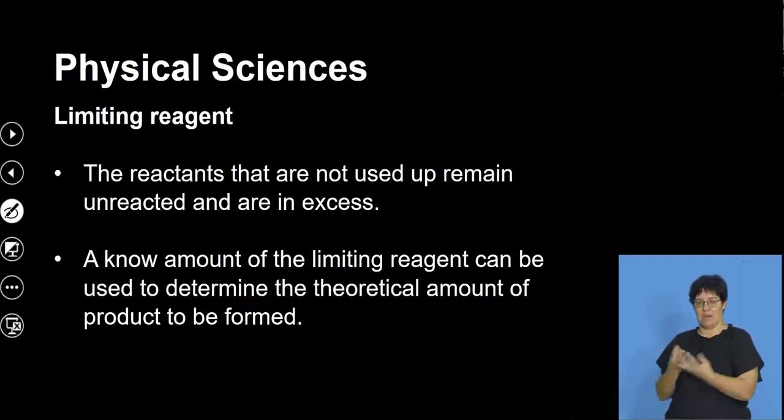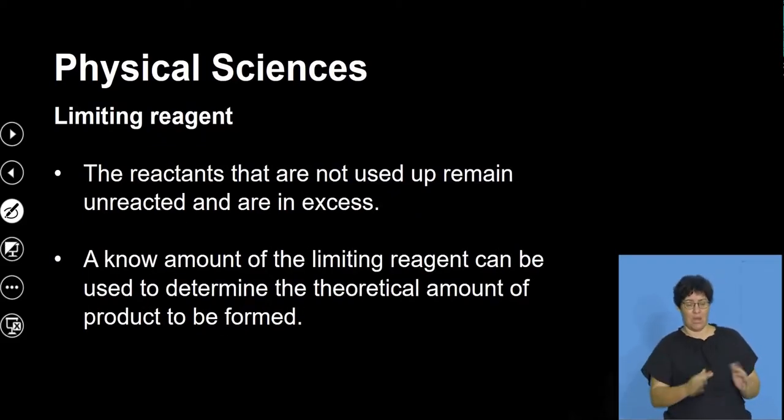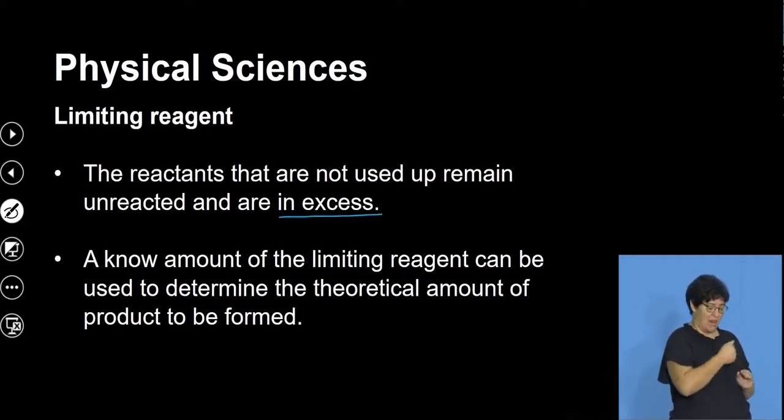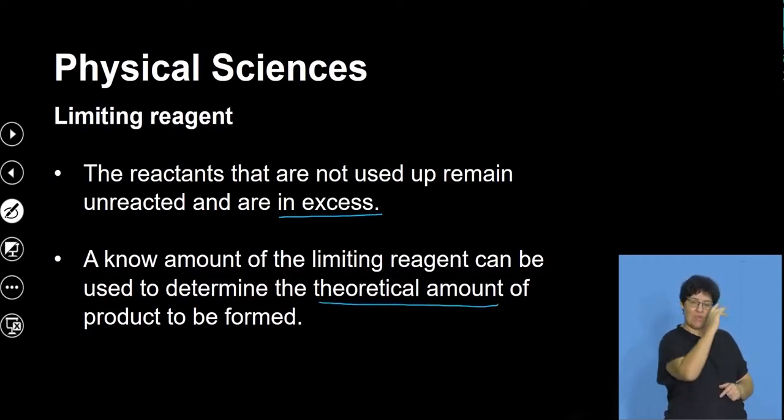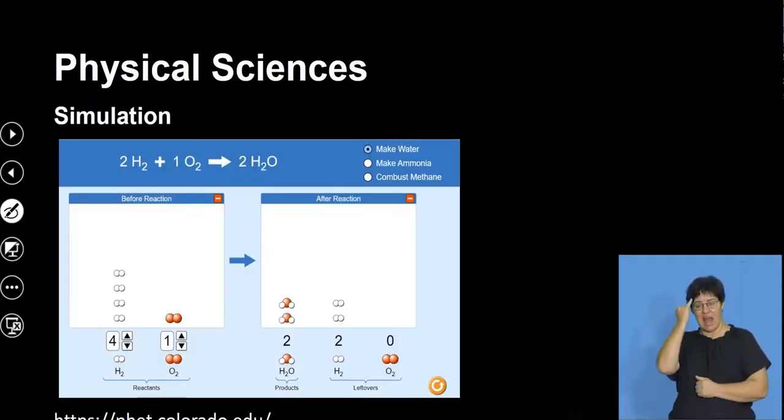The ones that are not completely used up are in excess. And the limiting reagent can be used to determine the theoretical amount of the product formed. So that's the main idea in as far as the limiting reagent is concerned.